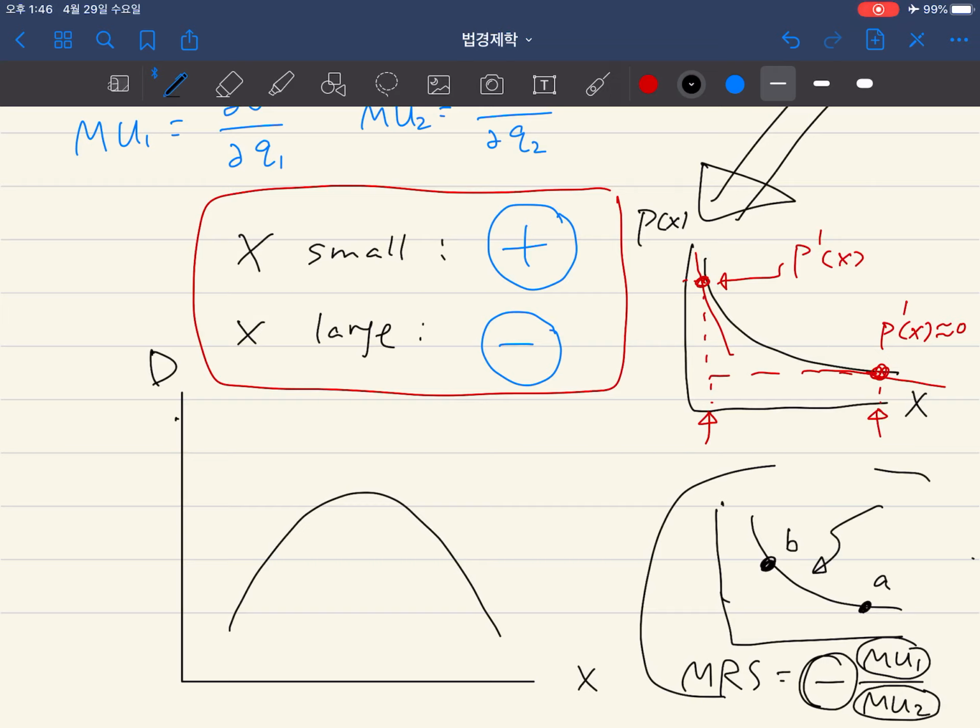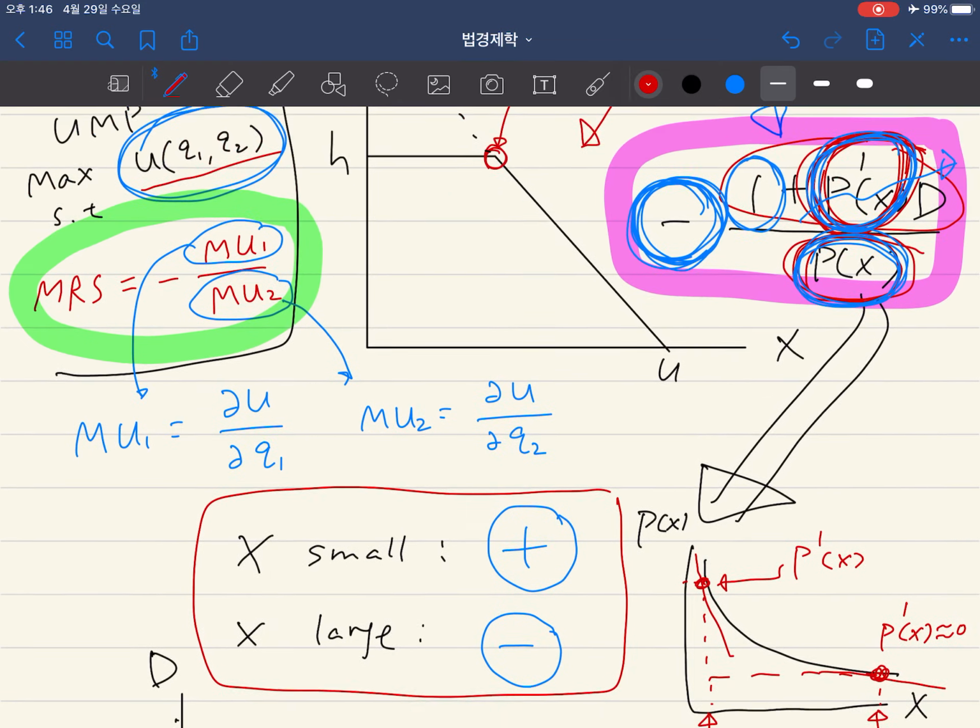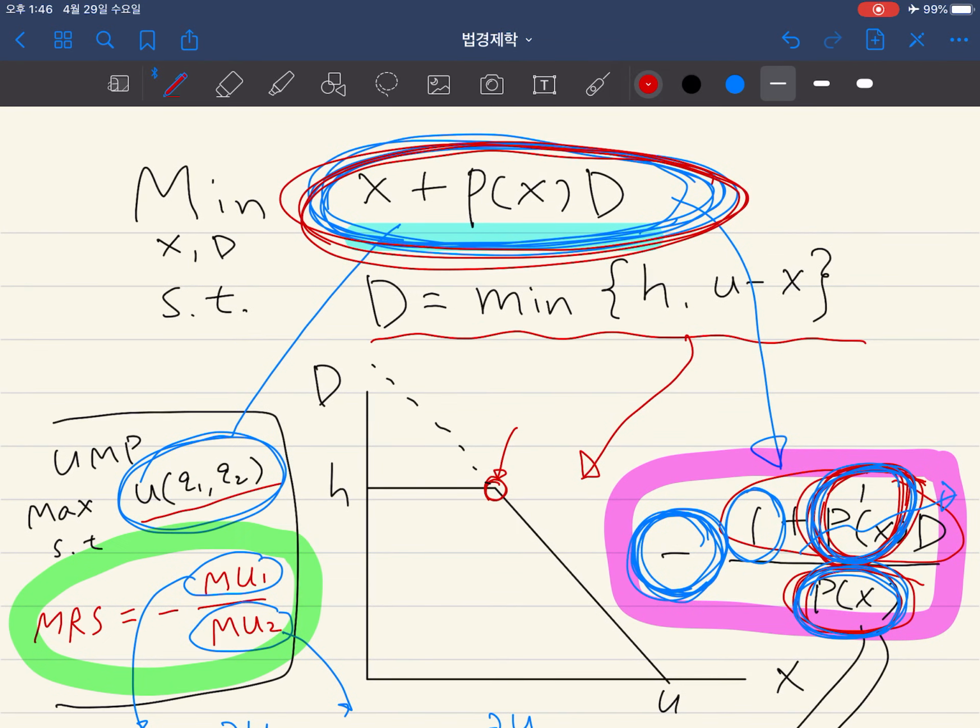Now, we want to give a proper name for our curve over here. So let's go back to our objective function.